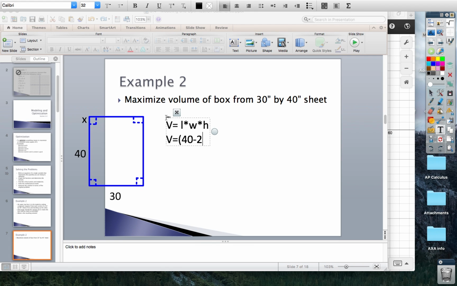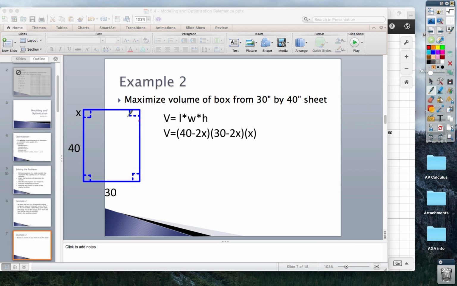So it's going to be 40 minus 2x. Our width is going to be 30 minus 2x, and our height is just going to be x. Just a reminder, this whole side from here to here is 40, but we're cutting off this side right here, which is x, and this side right here, which is x. And so that's how we get our volume.